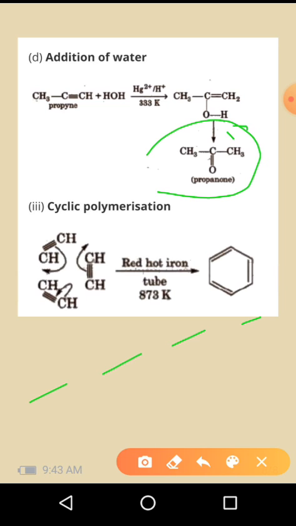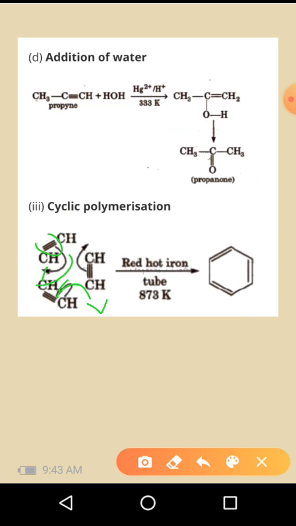Here we have an ethyne molecule, so this ethyne molecule will undergo polymerization. In ethyne there is a triple bond. One of the bonds is sigma and two are pi bonds. The pi electrons are movable, so the electrons will move towards this center, and then towards the neighboring center, so the arrow should be like this.